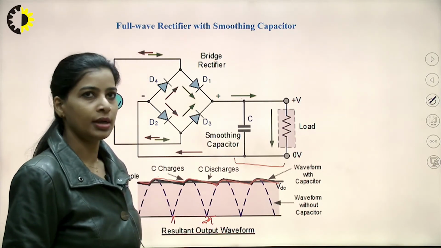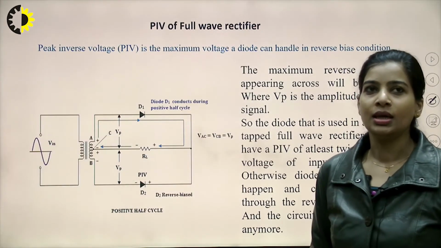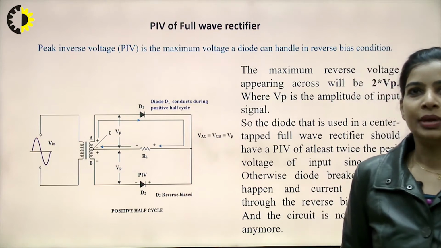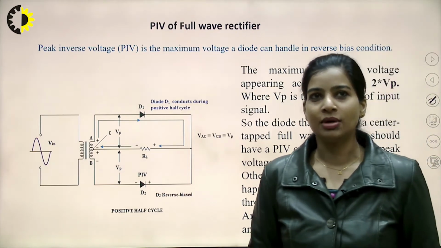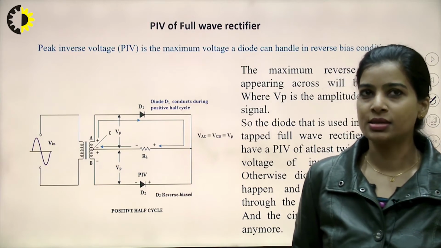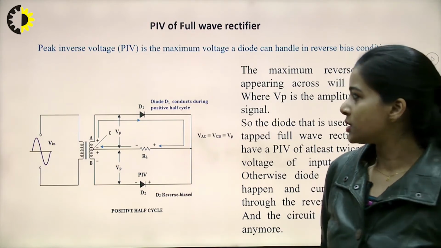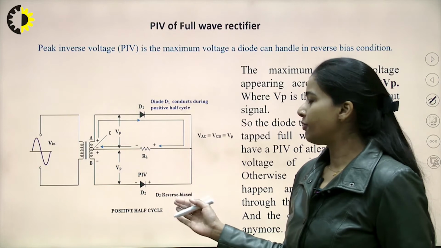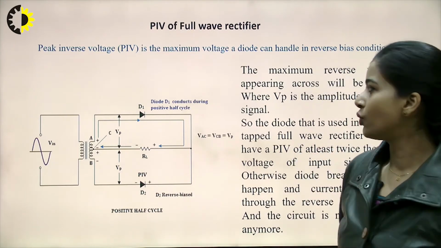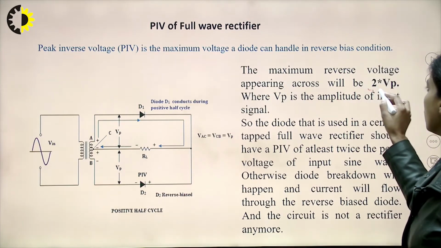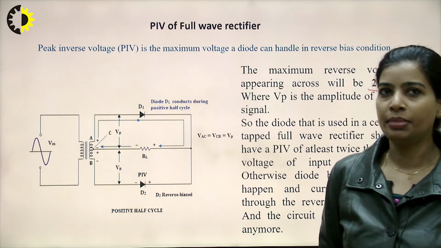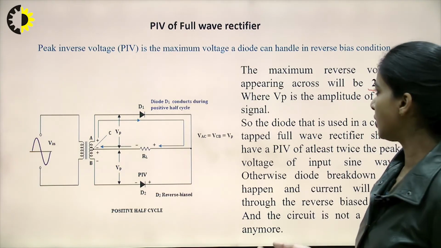Peak inverse voltage of full wave rectifier. Peak inverse voltage is the maximum voltage that a diode can handle in the reverse bias condition. So the circuit shown here is a full wave center tap rectifier. For this we have a peak inverse voltage of 2 Vp, or 2 times the maximum peak of the input signal.